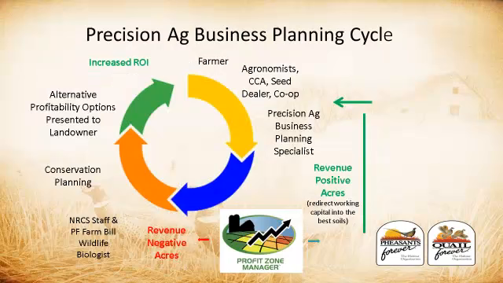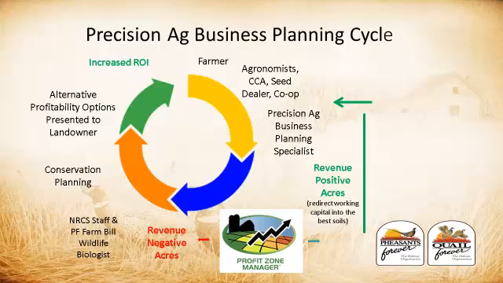One way to do that is using a precision ag business planning cycle where we target areas through working with the farmer, CCAs, agronomists, or other precision ag specialists. We get a lot of those revenue-producing acres that they're doing good on, producing good crops and good numbers.